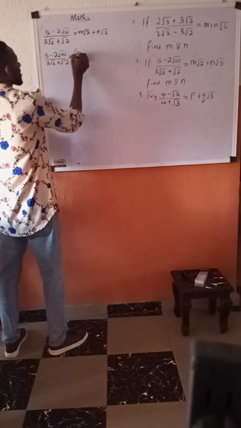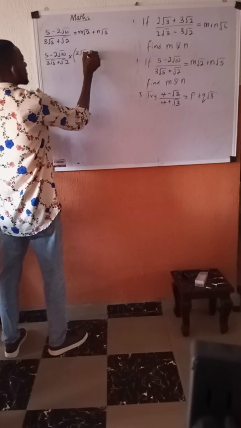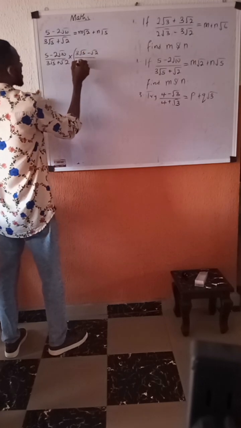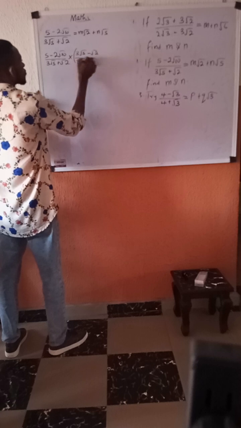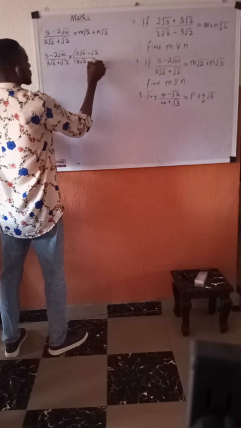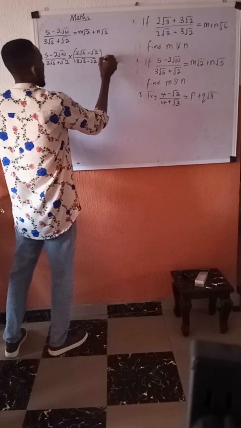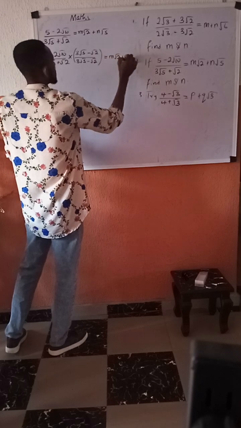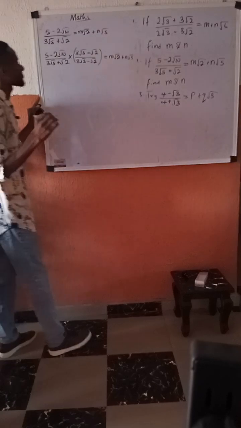So you have 3 root 5 minus root 2 all over 3 root 5 minus root 2. Close the bracket. We are told that this is m root 2 plus n root 5.